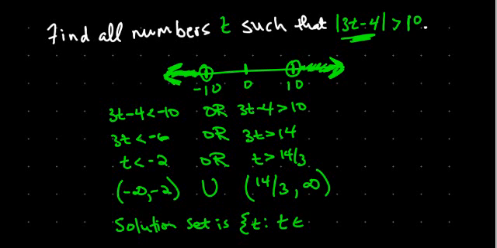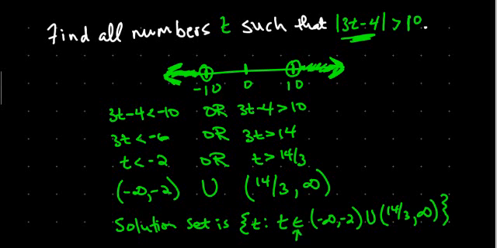So such that t is in the interval negative infinity to -2 union 14/3 to infinity. So that's my solution set. All t is such that t, and this little symbol here means t is in this union of intervals here.